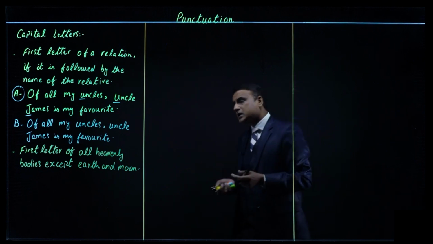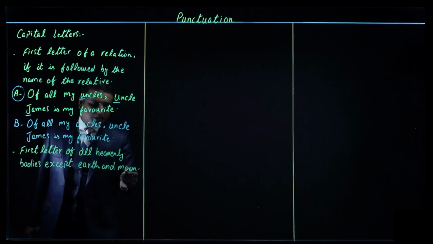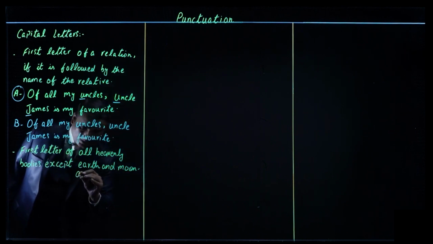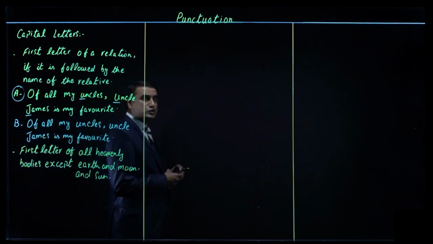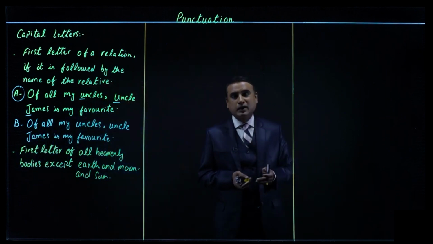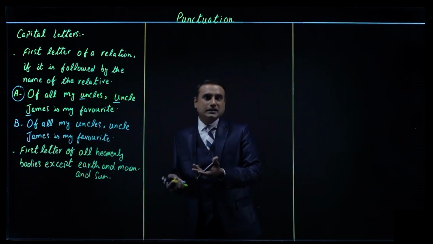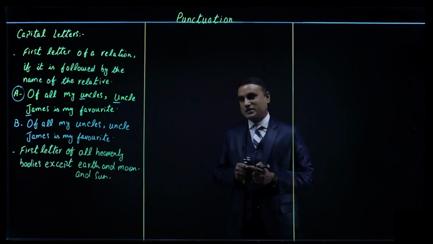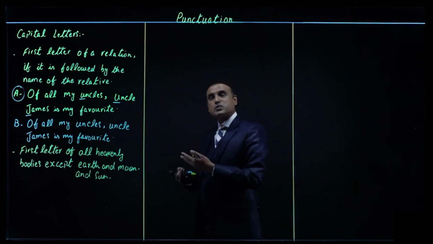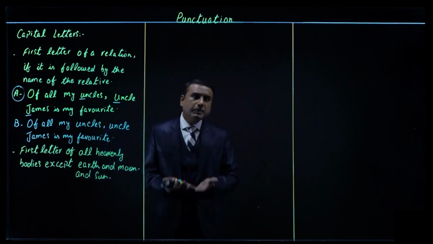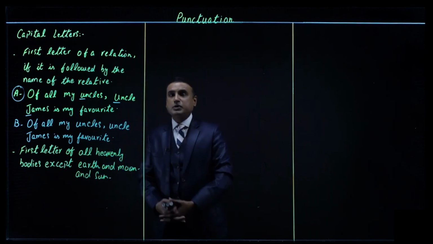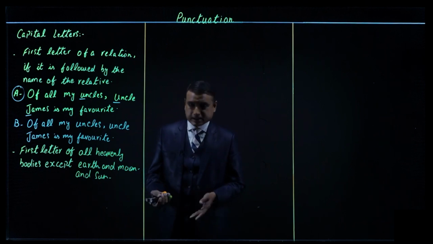Why? Because even sun can also be included, and sun. Why? Because जिसको कहते हैं ना घर की मुर्गी दाल बराबर. So they have lost their, I should say, importance, and that is why we are discussing them as a common noun because they are a part and parcel of our life. इसलिए हम इनको उस तरह से proper noun में discuss नहीं करते.